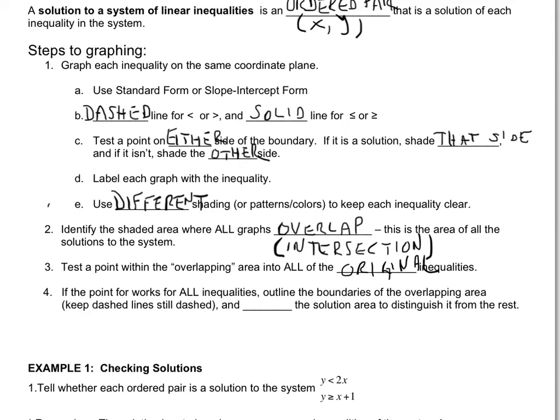Because if we have to move around some numbers and change some of our equations, we want to make sure we go back to the originals. If the point works in all of the inequalities, we're going to outline the boundaries of the overlapping area, keeping dashed lines still dashed, and darken or find a way to highlight the solution area so that it is very clear to distinguish it from the rest.